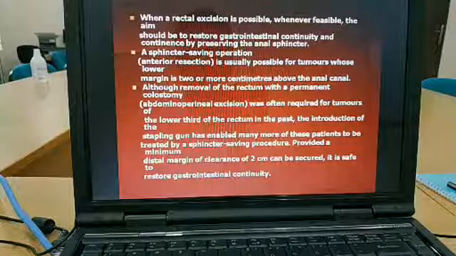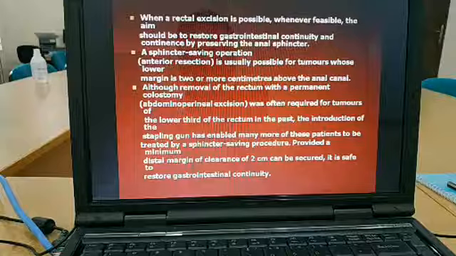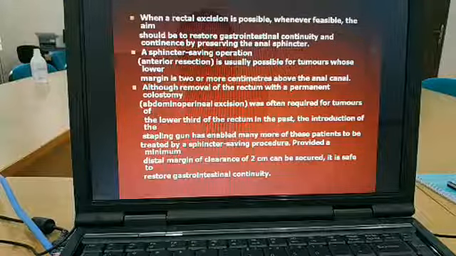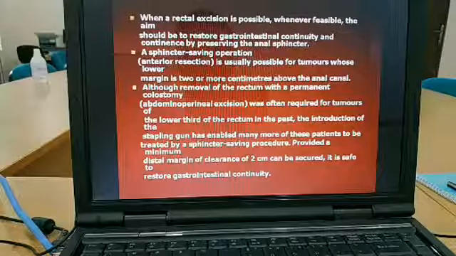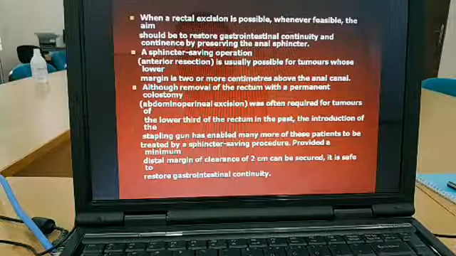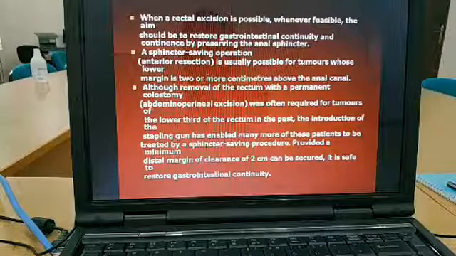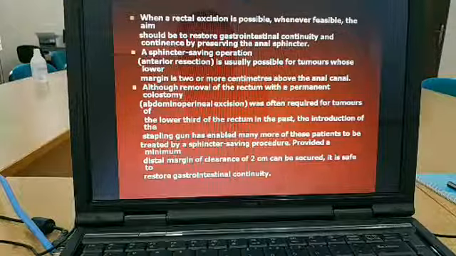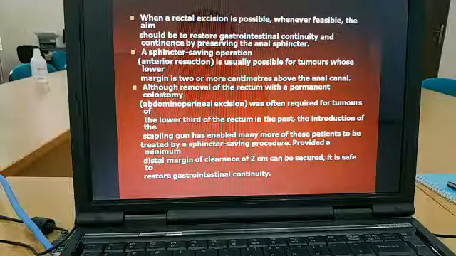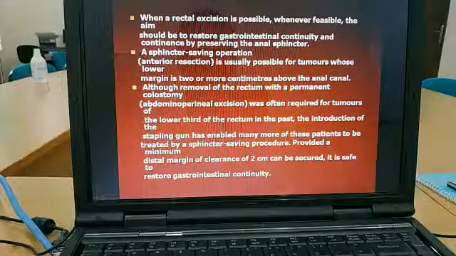By the use of these stapling guns, it is possible to do a safe anastomosis in the pelvic cavity, where hand stitching is sometimes not possible, because the pelvis is a very narrow region and there is less space. These are disposable and costly, but by using the stapling gun, anatomical continuity can sometimes be maintained.